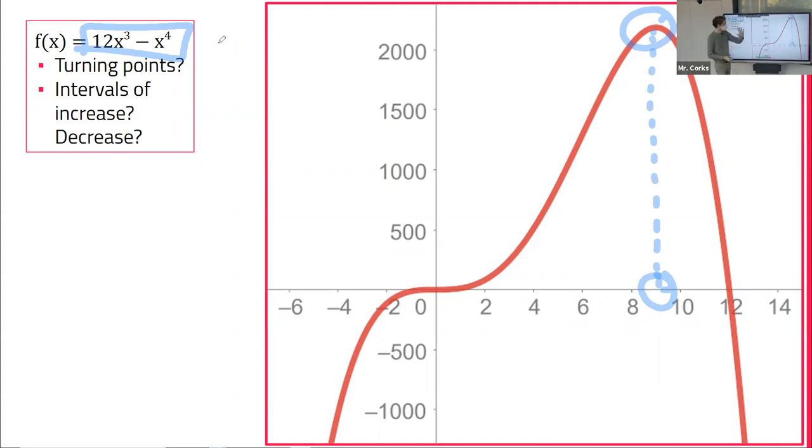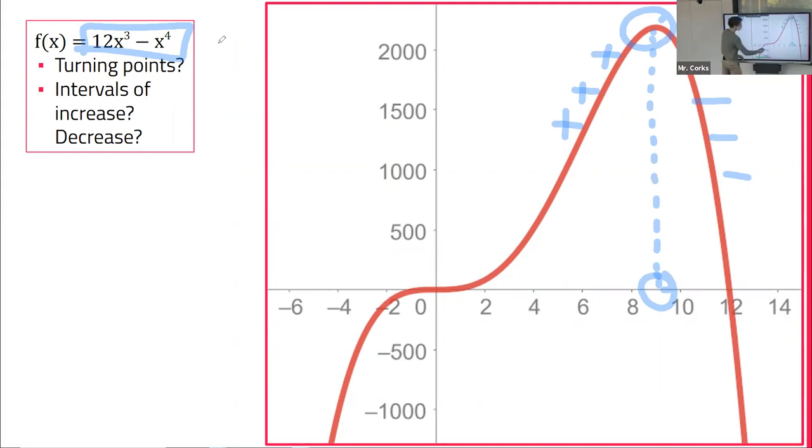Okay, so the slope changes sign from positive to negative or negative to positive. If we look at this point here, we have an increasing interval. So positive slopes, positive, positive, negative, negative, negative. That's a turning point.